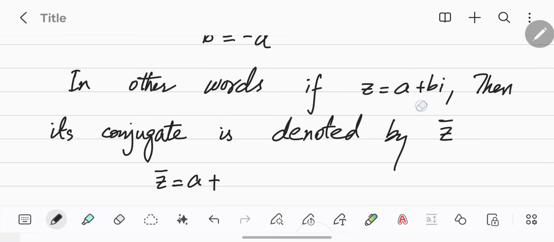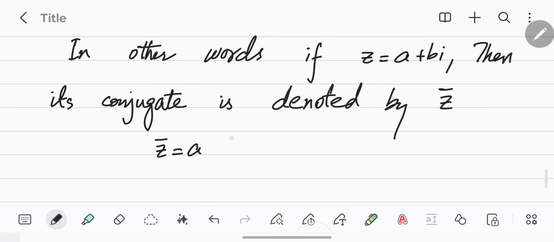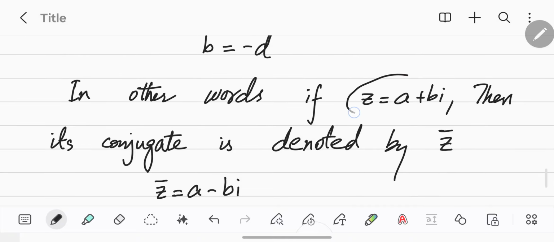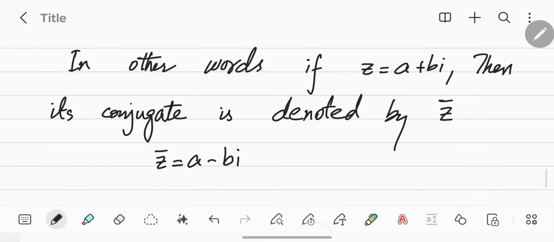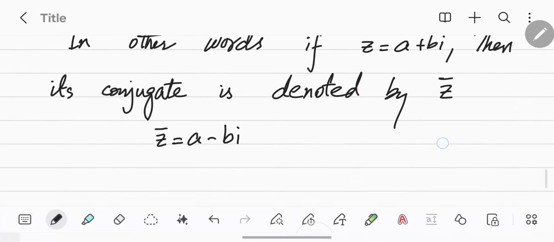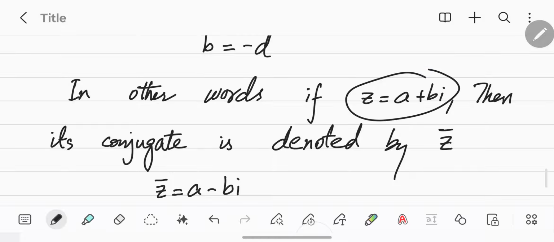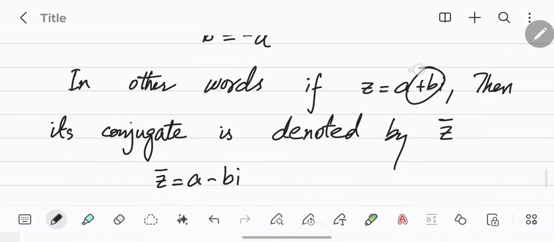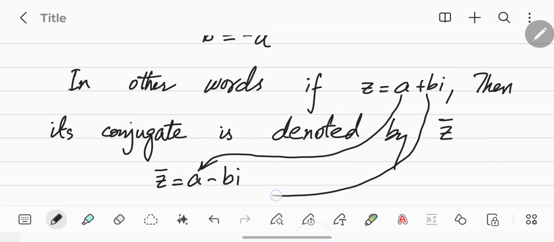What is the imaginary part here? It is b. So I will write minus b here. If you have a complex number a plus b iota, then its conjugate is a minus b iota. It takes the real part as it is, but it changes the sign of the imaginary part.